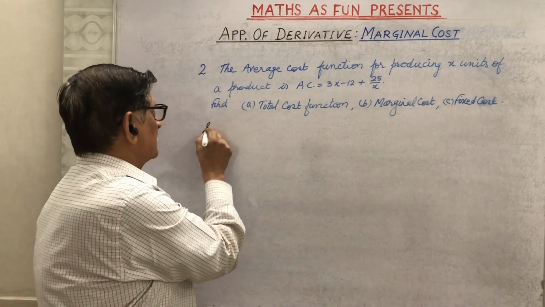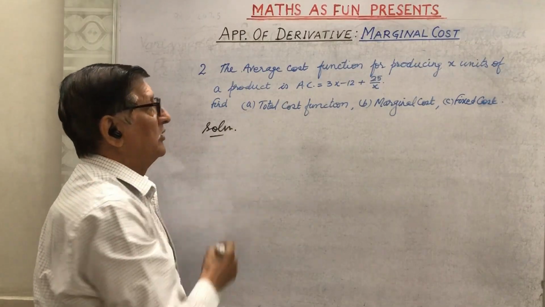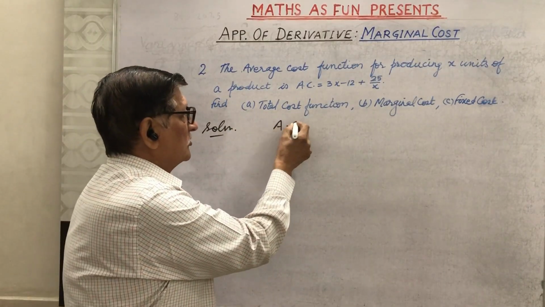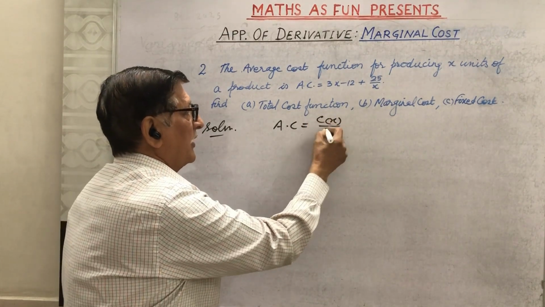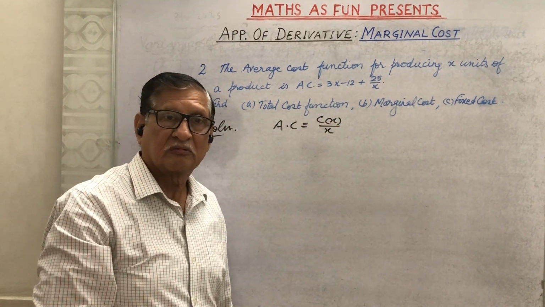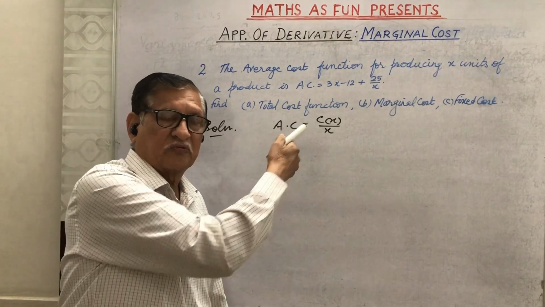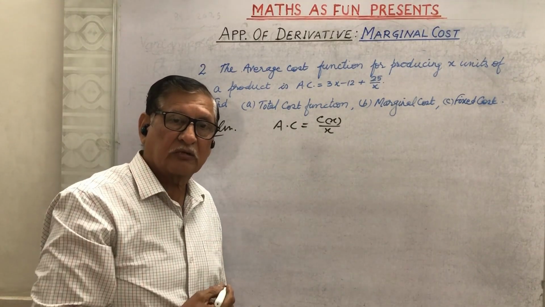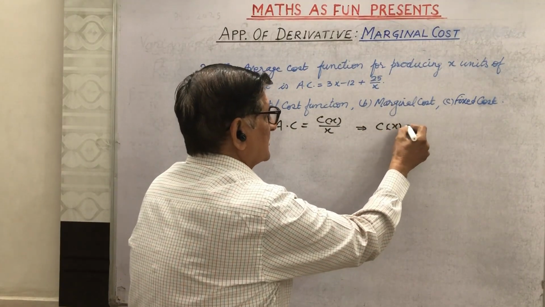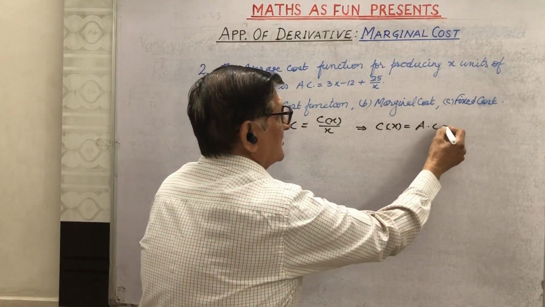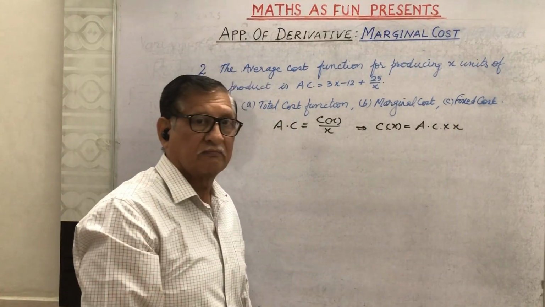For the solution of this, we have to remember that the average cost is given as C(x) upon x. That's the total cost function divided by x. It means the total cost function C(x) can be given by average cost into x.